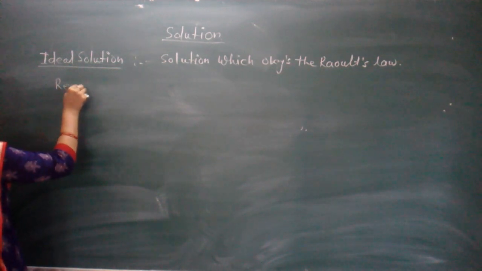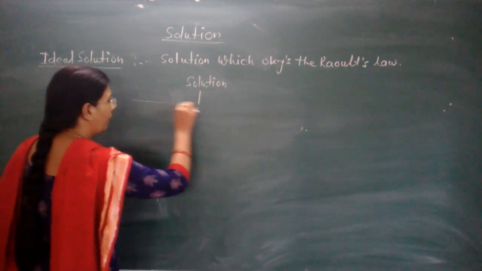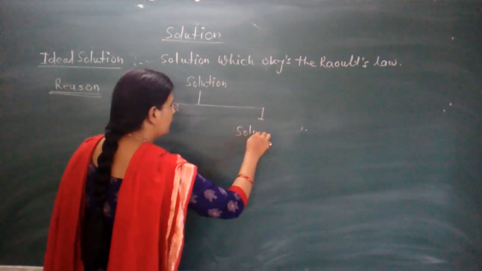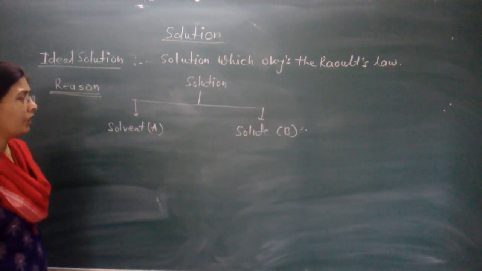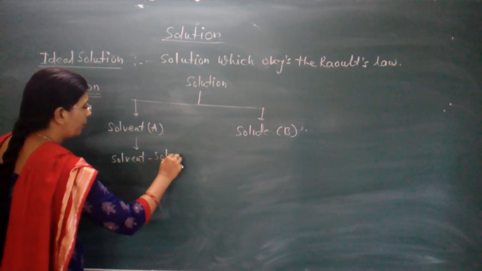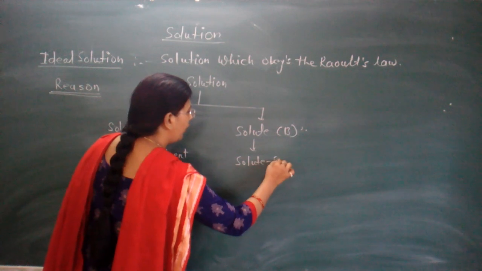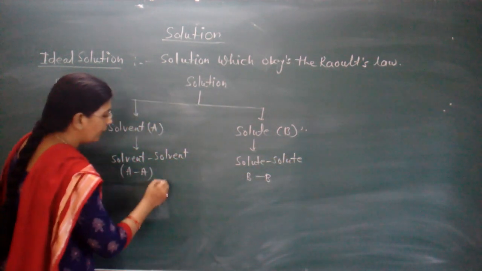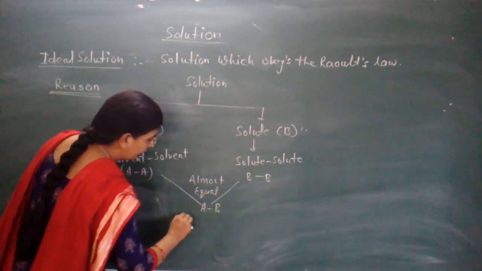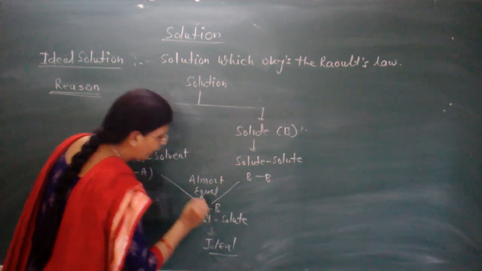Suppose our solution contains two types of components: first is the solvent, suppose A is the solvent, and second is the solute, B. If the interaction between the solvent molecules A-A and the interaction between the solute molecules B-B becomes almost equal to the interaction between A-B, that is solvent and solute, then our solution is said to behave as an ideal solution.